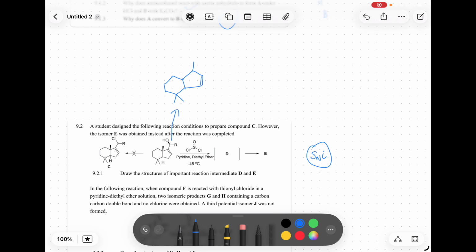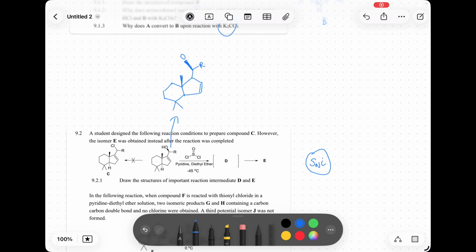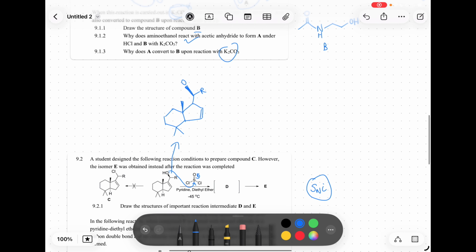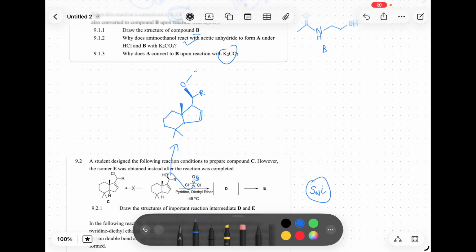You have your R group here, then you have your O here, and you know that the lone pair is going to be coming up. So you will have your S, O minus, you have your Cl, you have your Cl.